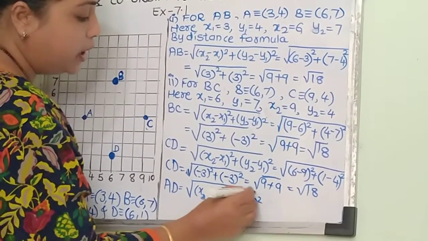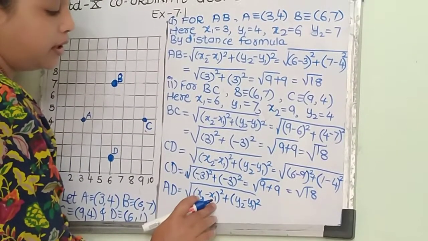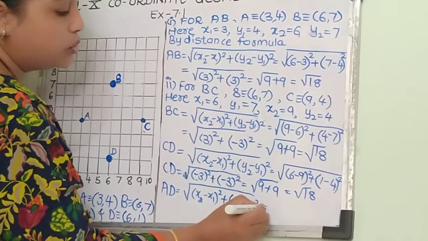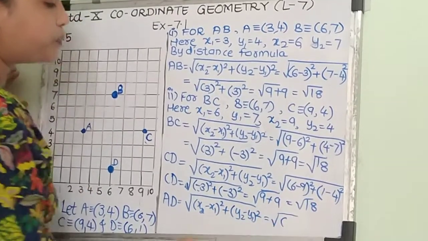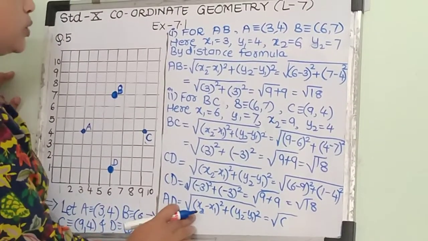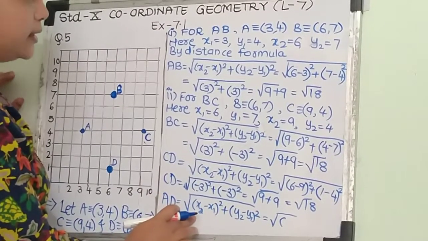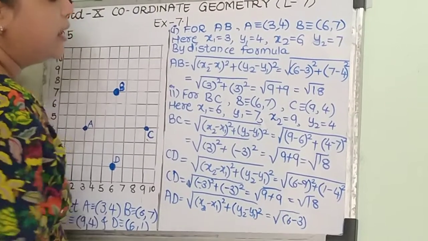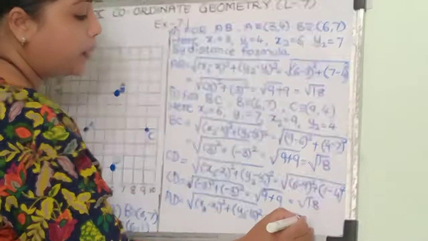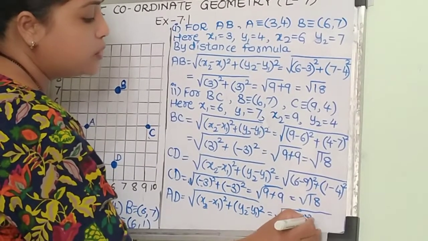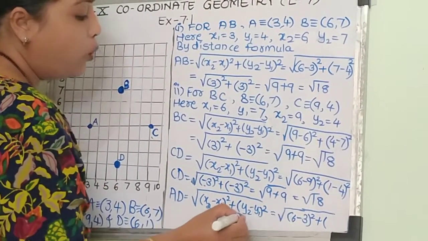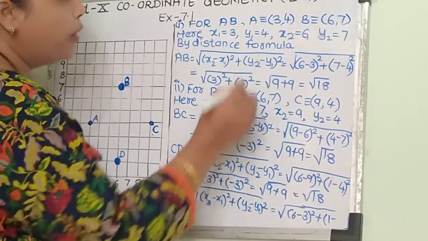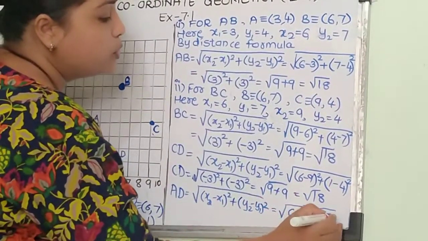So by the distance formula we can write the formula first: root of (x2 minus x1) square plus (y2 minus y1) square equals, we get here, x2, that is D's coordinate 6, and x1, that is A's 3, bracket raised to square, plus y2 is here 1 minus y1 which is equal to 4.